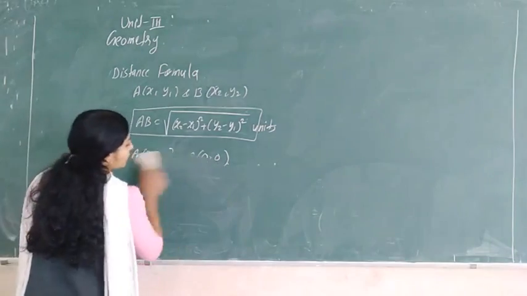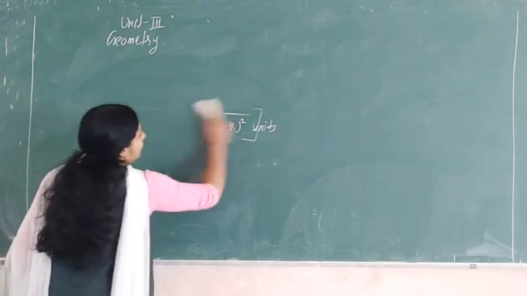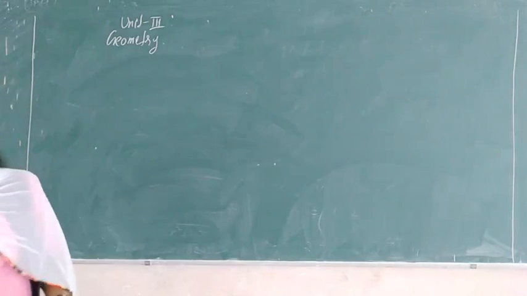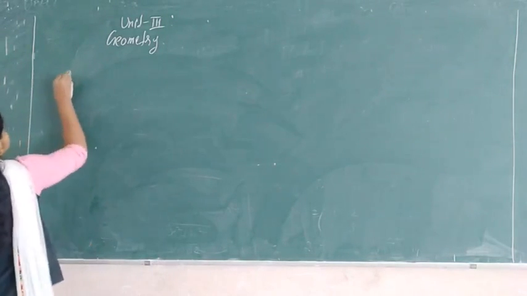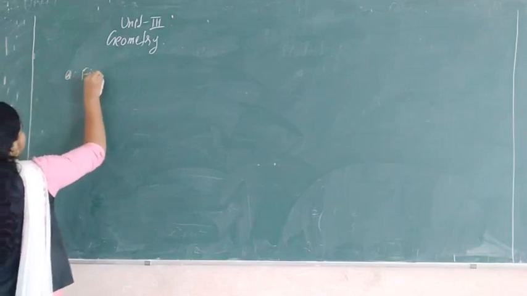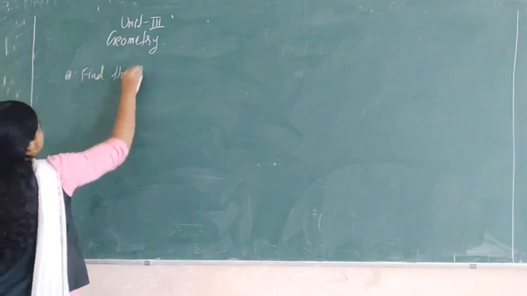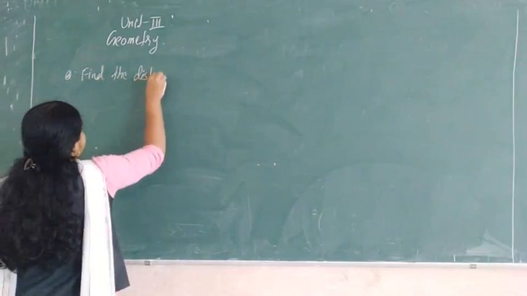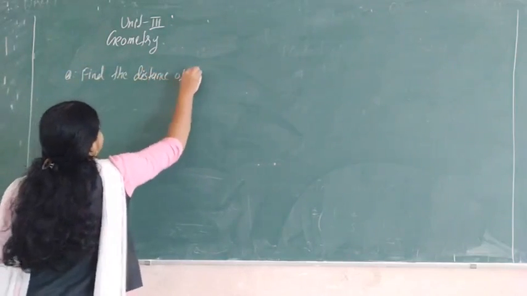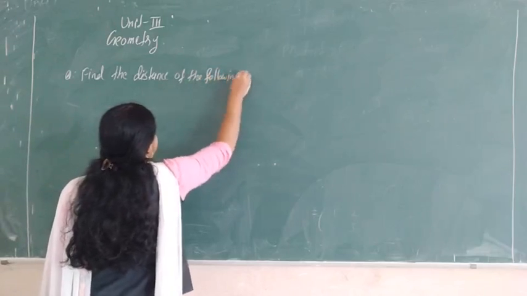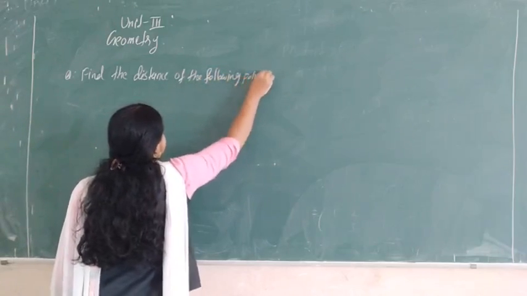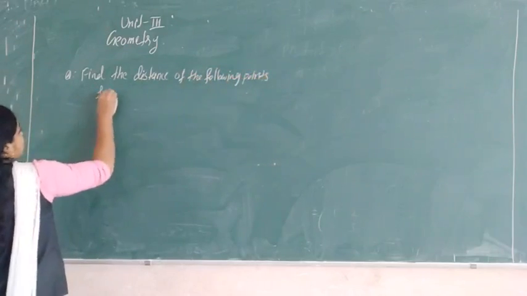So let us see the questions. Examples depend on this. The first question is: find the distance of the following points from the origin.